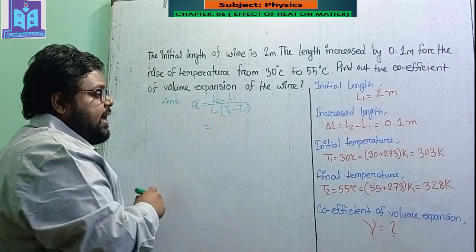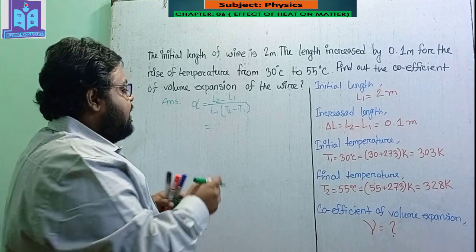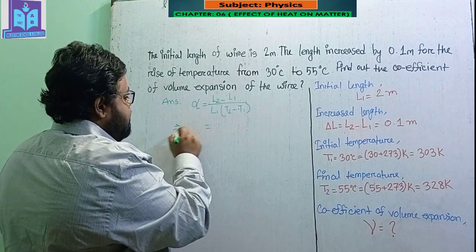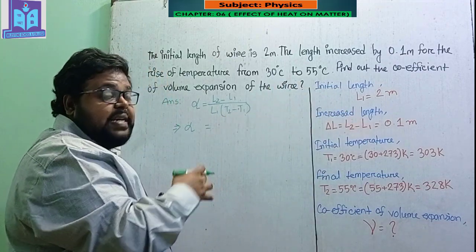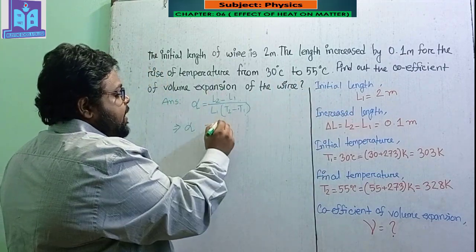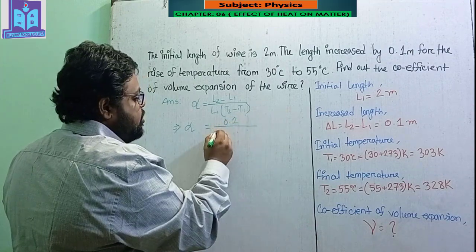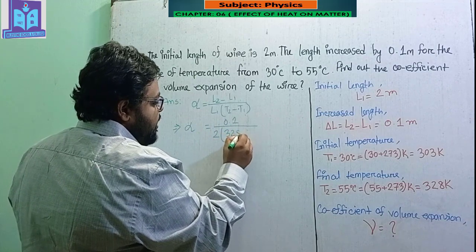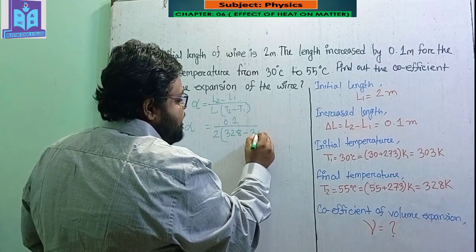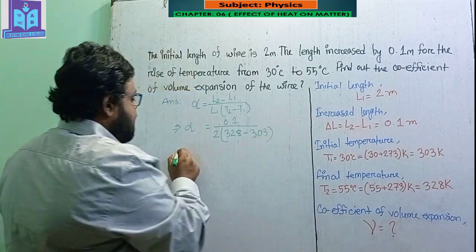If I put all of these values in this equation, the increased length L2 minus L1 will be 0.1, L1 equals 2, T2 equals 328 minus T1 equals 303.